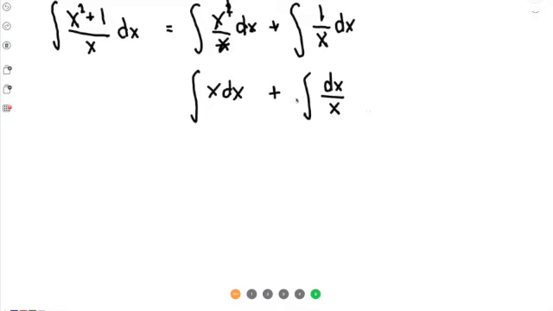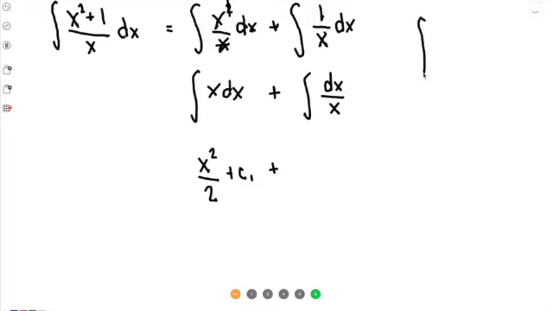So we have x to the 1 plus 1, that would be x squared, all over 1 plus 1, over 2, plus the constant of integration c sub 1, plus, what's this pattern? This is basically du over u, which we learned earlier.